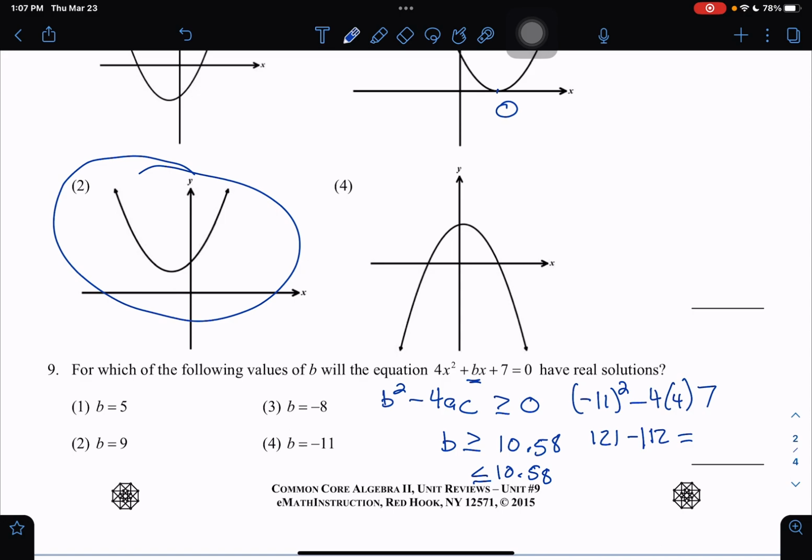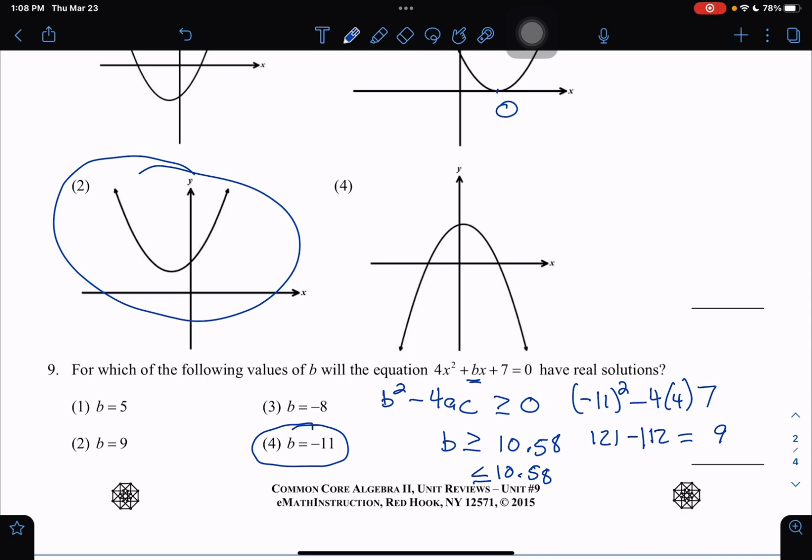And that's a positive number, right? That's a positive 9. So this is the only one that gives you a positive number. The rest will all give you negative numbers, right?